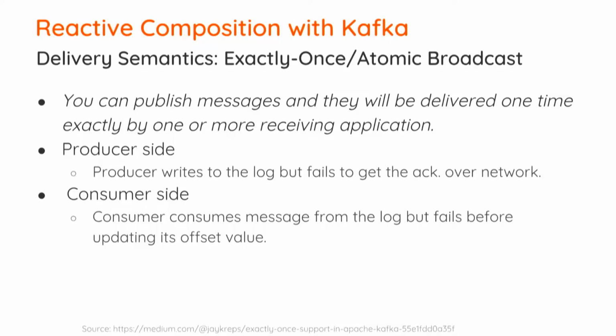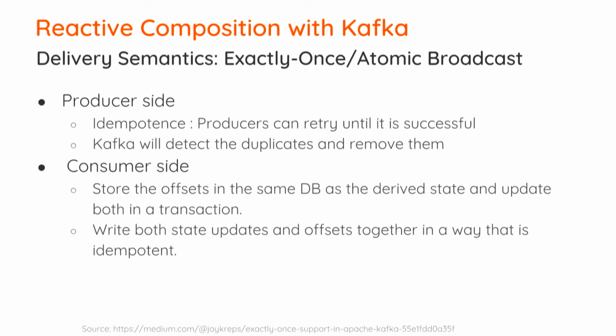Also at the consumer side, the consumer reads the message from the Kafka topic but fails to update its offset. In that case, the message is already read but its offset is not updated. Maybe after a crash, during the next restart, it will read the same message because the offset is outdated. So how do we avoid these two failures?